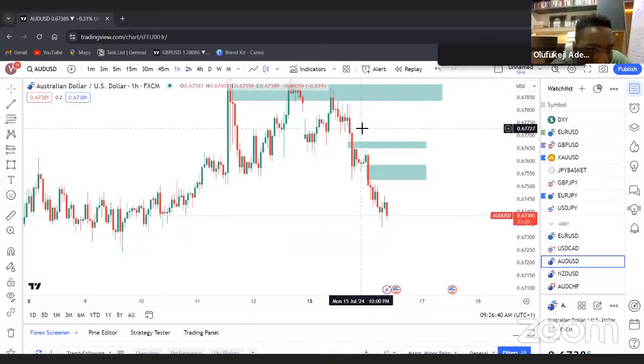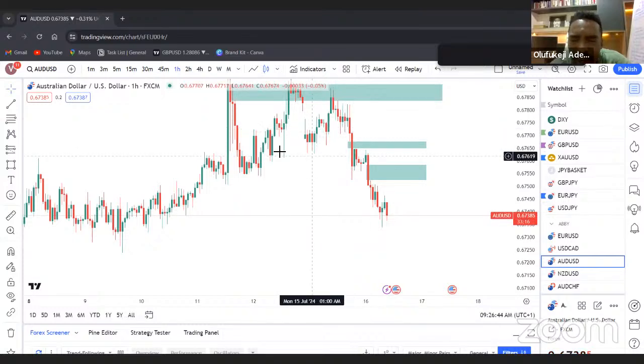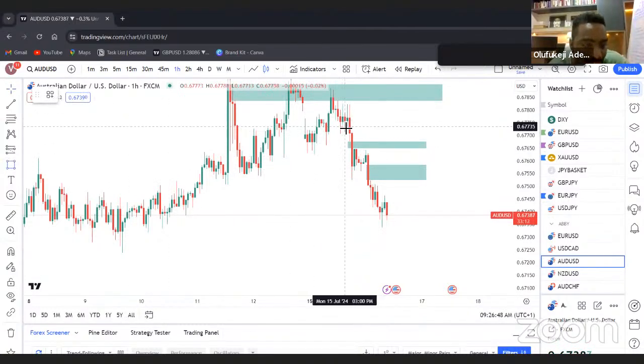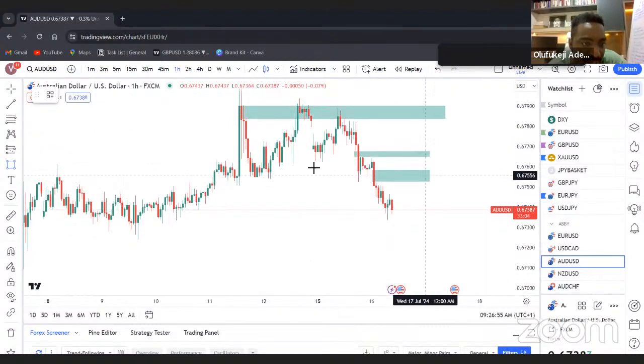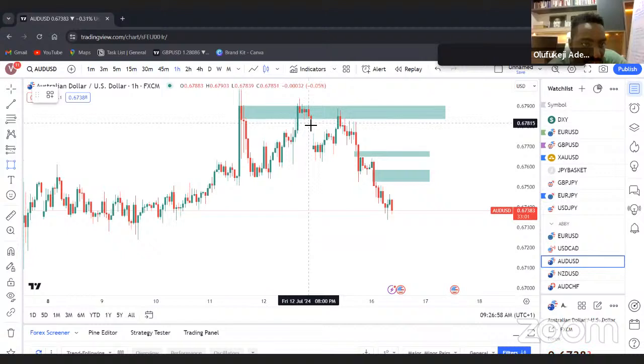Although there is a fair value gap at that sharp momentum candle to the upside that happened between 11th and 12th. That very long green candle that you mark the left shoulder from.